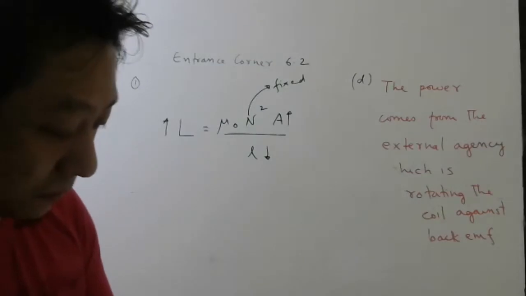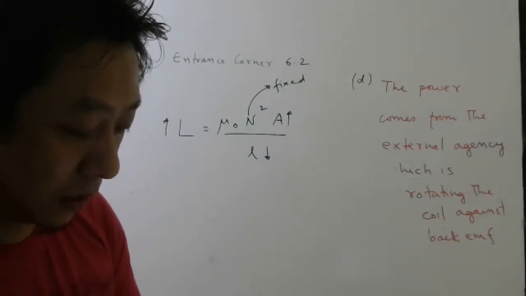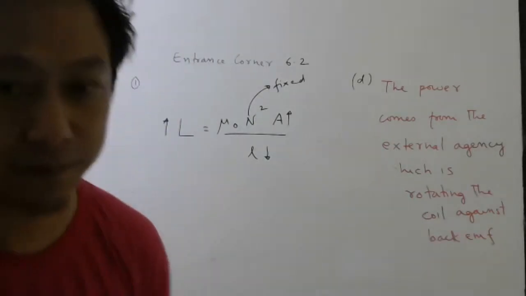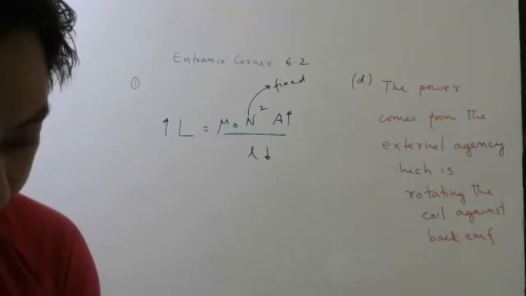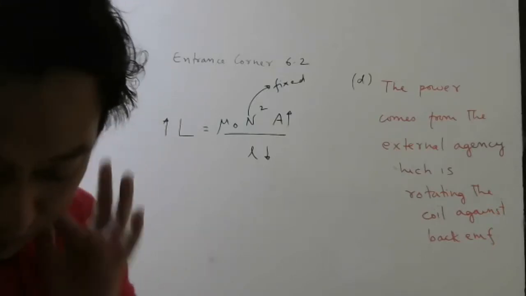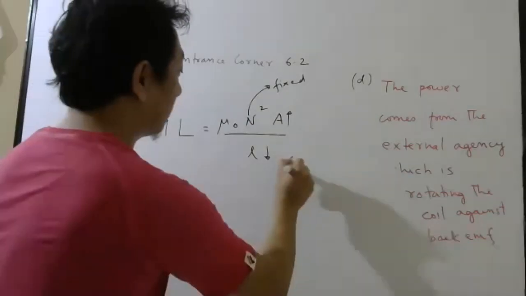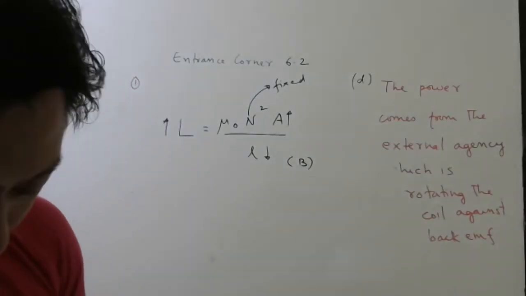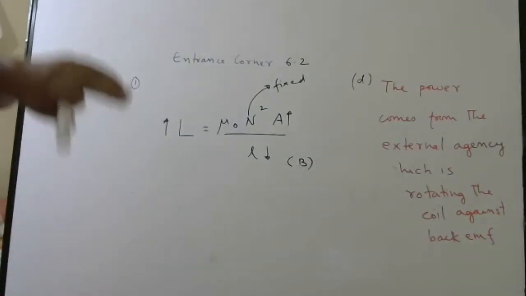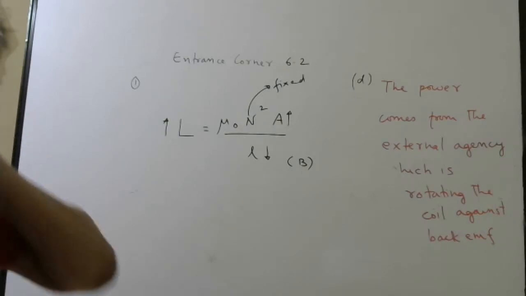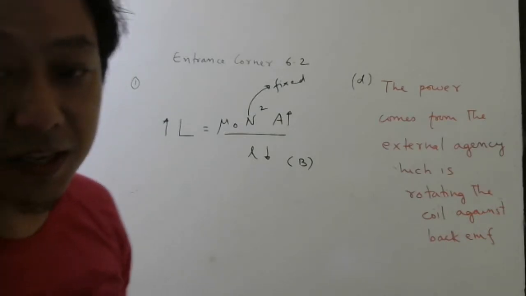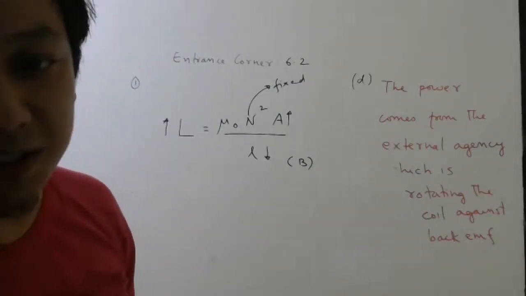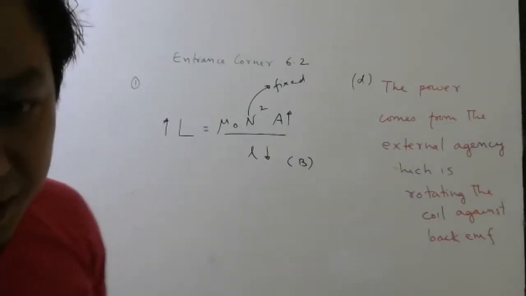So which option? Area increases, length should decrease. Option B. But remember, in another question, if they say number of turns per unit length is kept constant, the answer will change. Already yesterday I have explained.